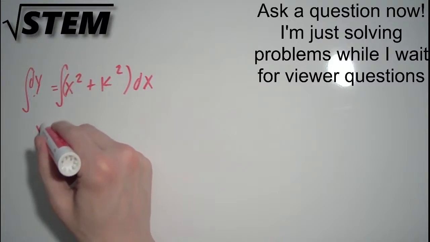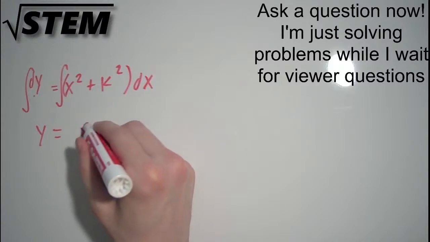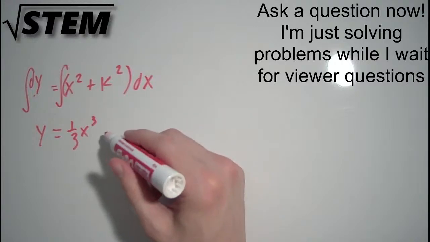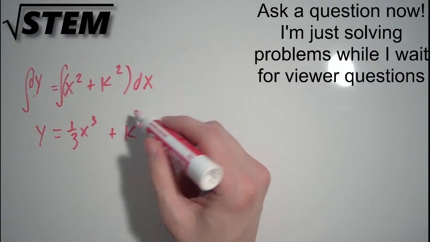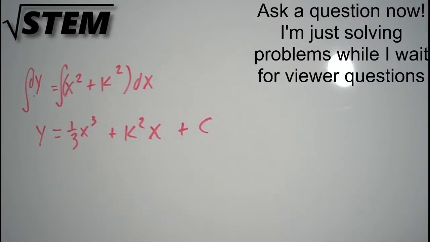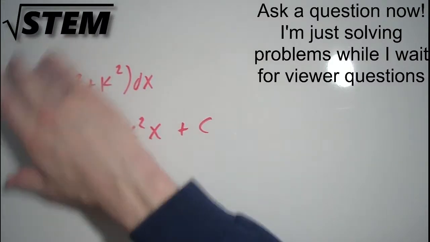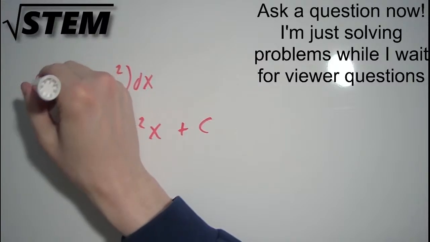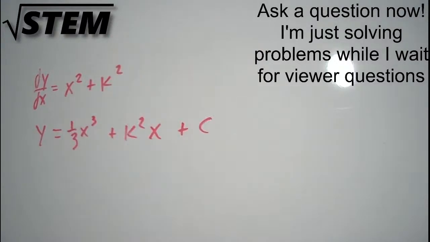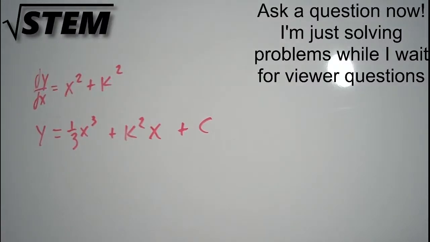So we'll just get y over here equal to, if you integrate x squared, you get x to the third, and we want to divide by the new exponent, plus k squared times x plus some constant. So having dy dx equal to x squared plus k squared gives us a really simple and fast solution.